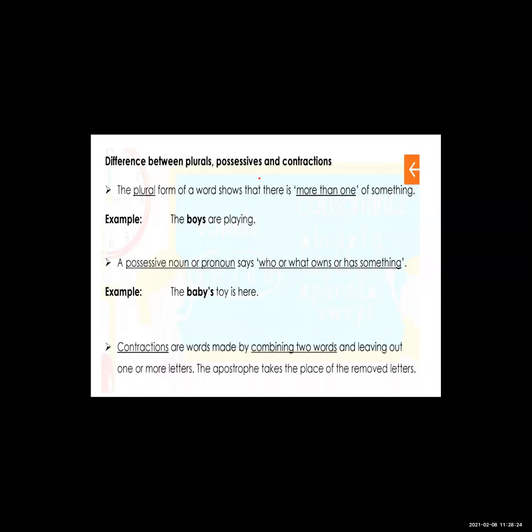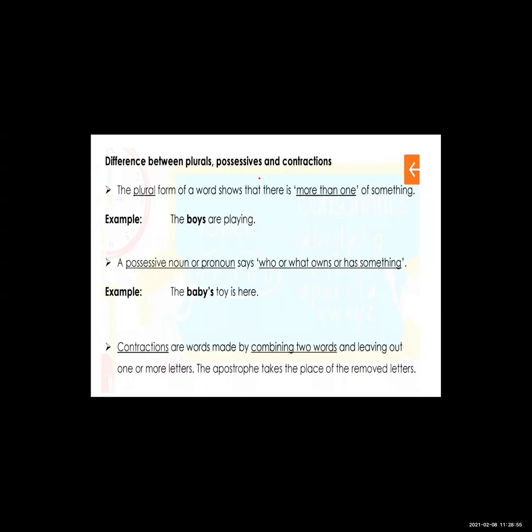Now see, a possessive noun or pronoun says who or what owns or has something. See here, the baby's toy is here. This is the possessive noun. Baby's toy means toy of baby.